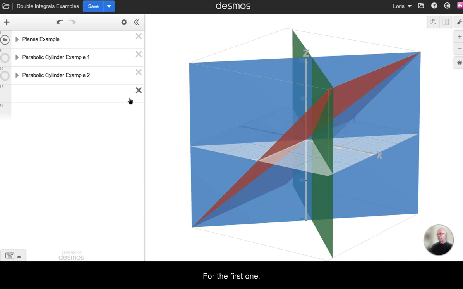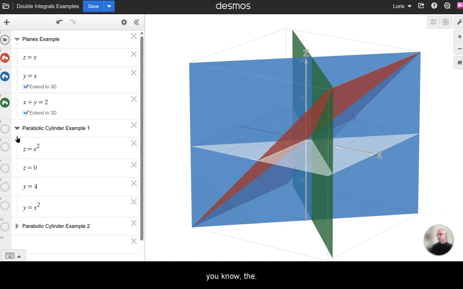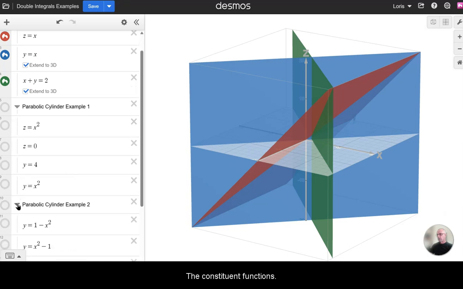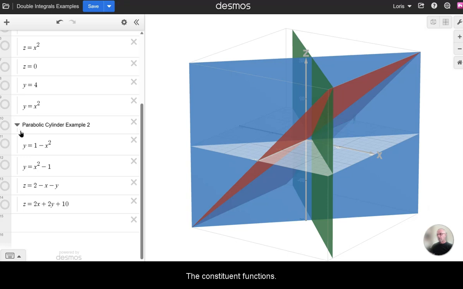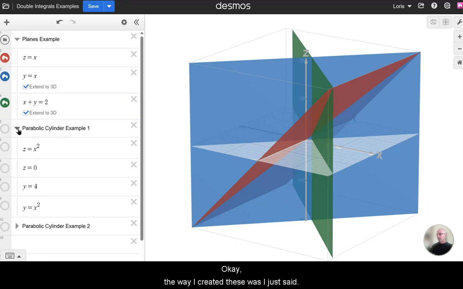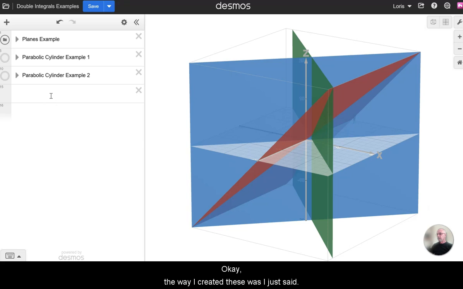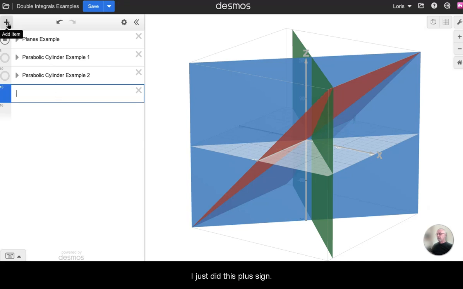For the first one, what I've done here is I've done my three examples, and they all contain the constituent functions. The way I created these was I just did this plus sign.